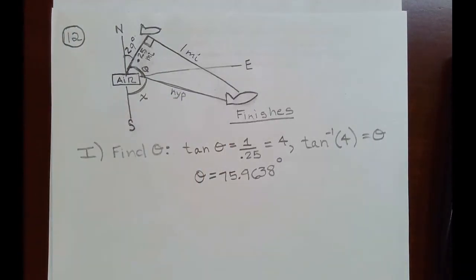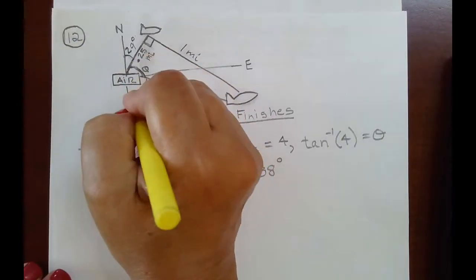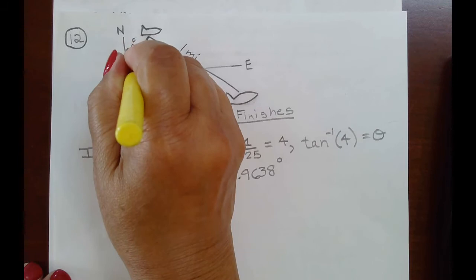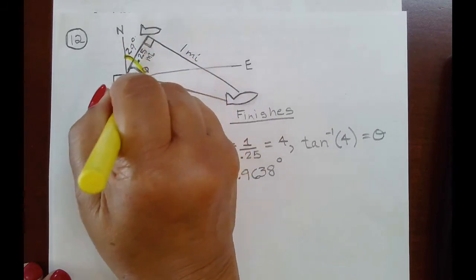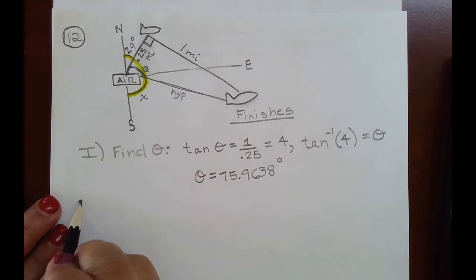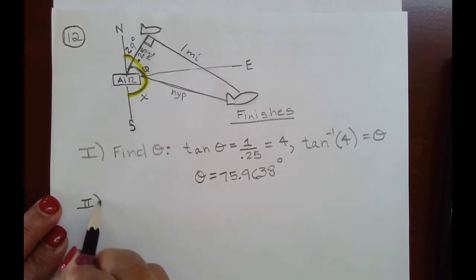So if this is what you're looking for, then you have to realize that this plus this angle plus this angle is 180. Those three added up together add up to 180. So now I'm going to find x.